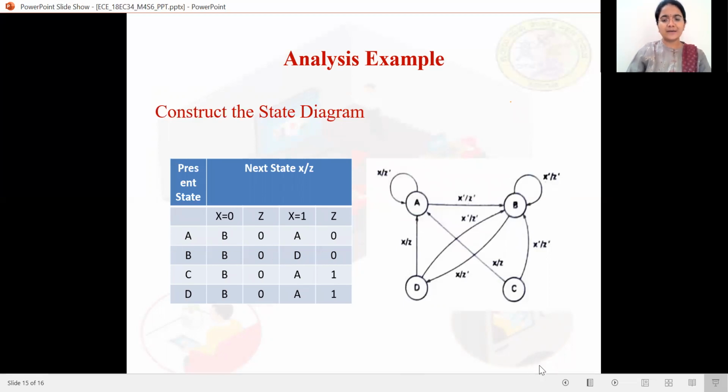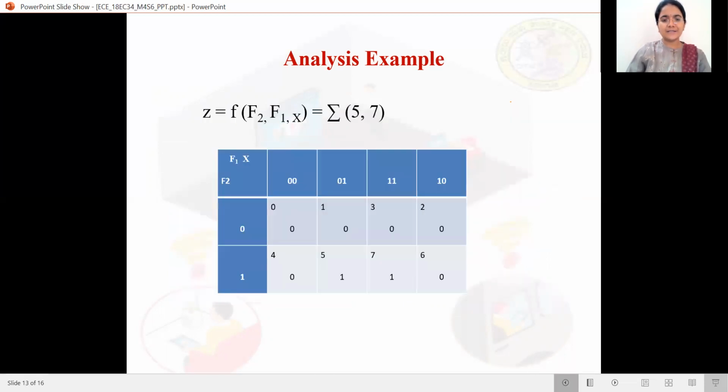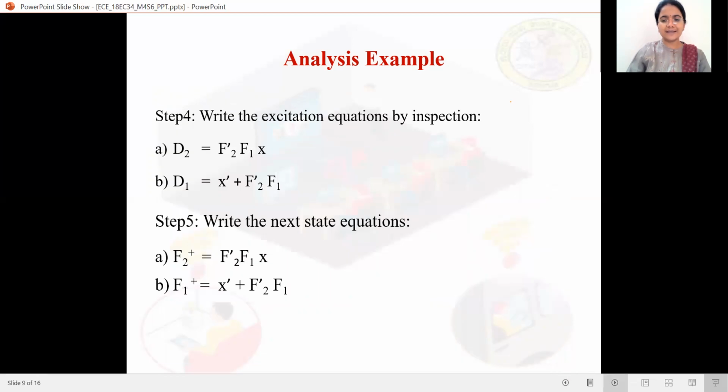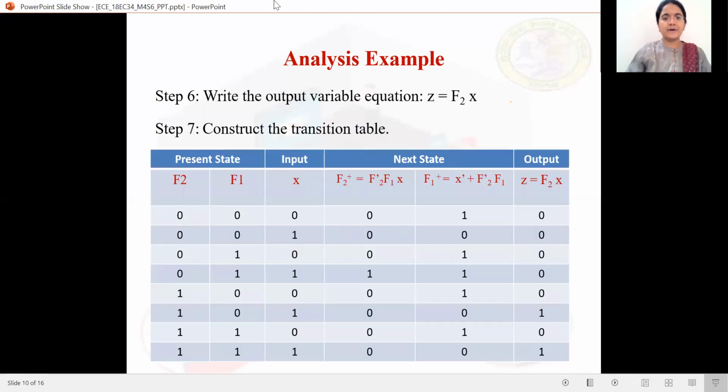We are assigning the symbols for this transition table: variable A for this, B, C, and for this D. And we can write this table in the other form also that I explained.